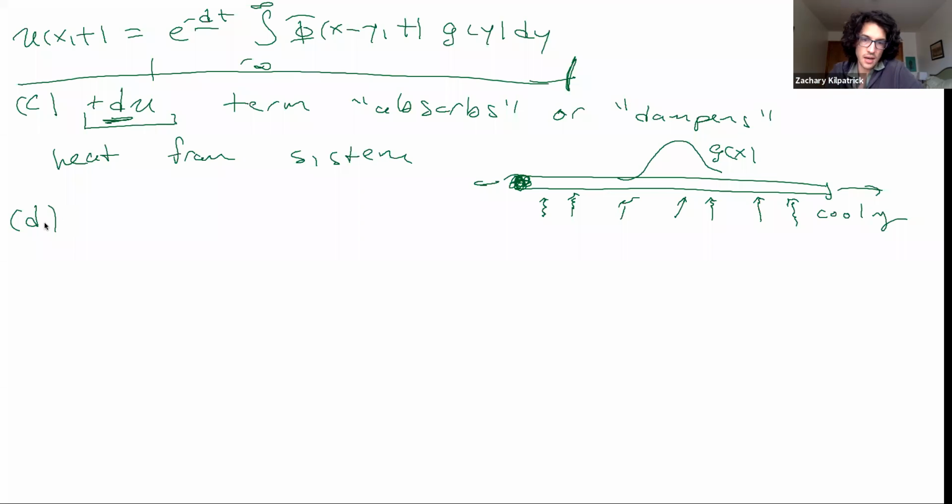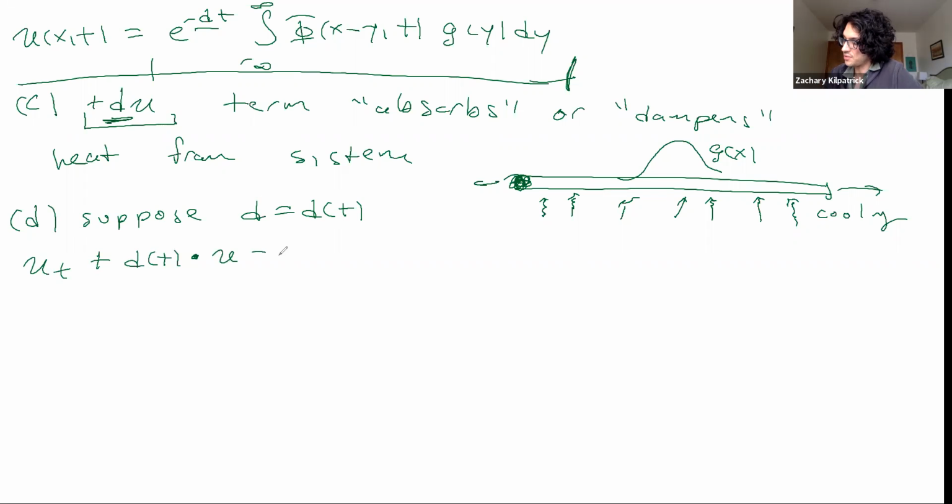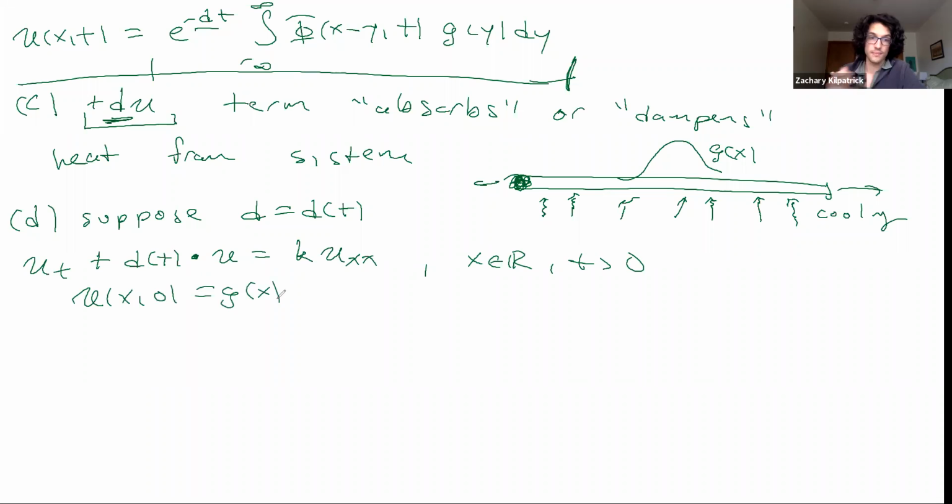And the last part of this question, I told you it was a short one, is: let's suppose that D is equal to D of T. That's a weird thing for me to write, but essentially let's suppose that u sub t plus some function D of t times u is equal to k u xx. Now our PDE, and x lives in R and t is greater than 0, and I have the same initial condition again, okay?